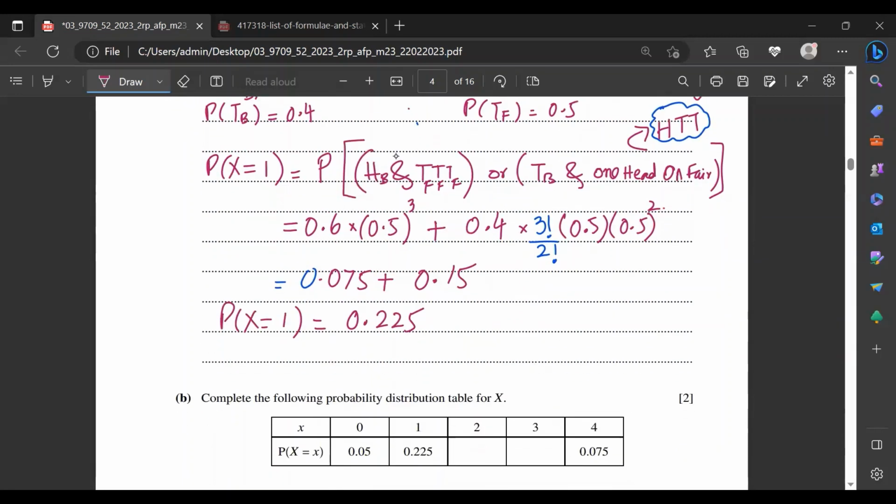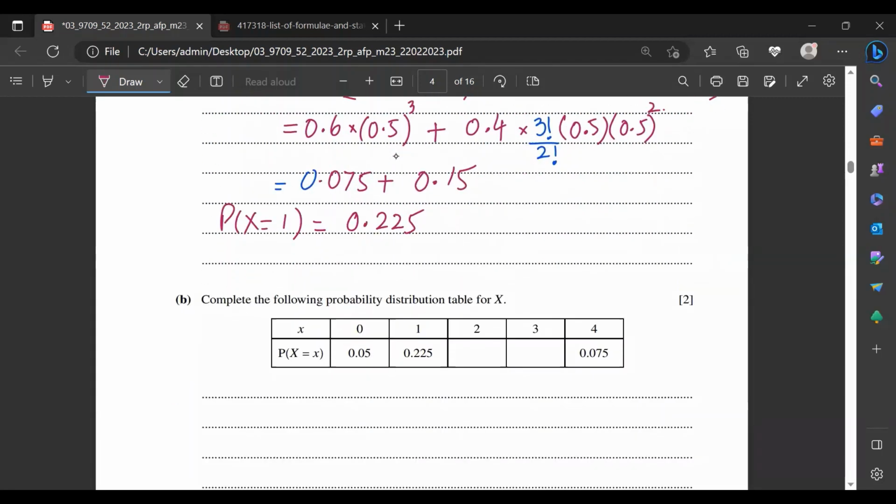The second is: complete the following probability distribution for X. So there are two blanks here to be filled. You can find one, and the rest you can find by subtracting the sum of the rest of the probabilities from one.